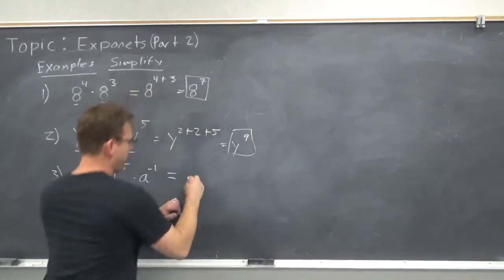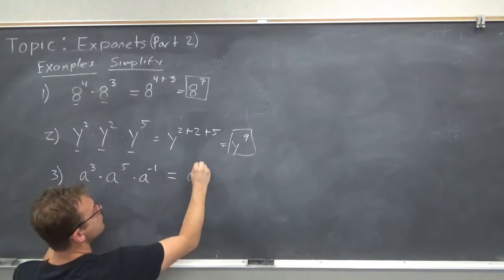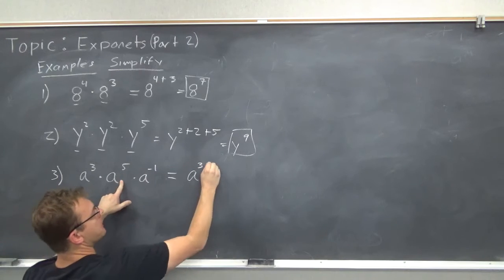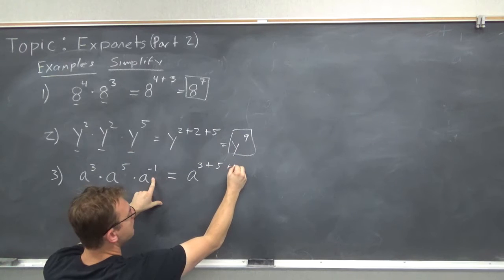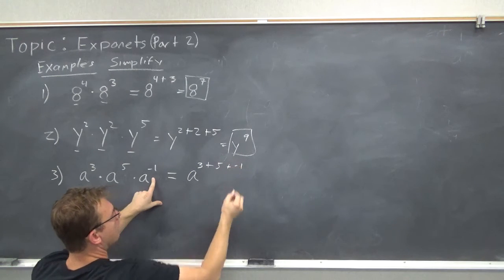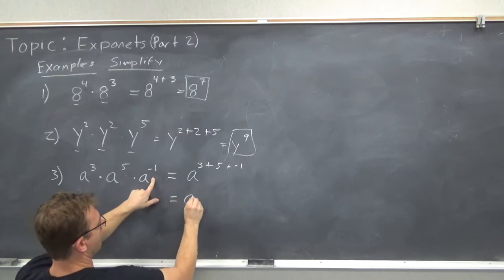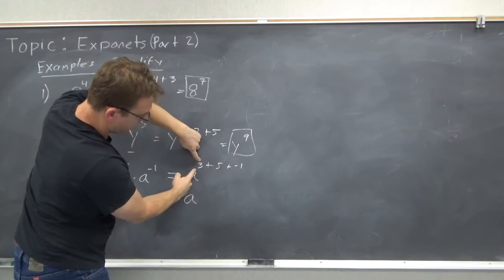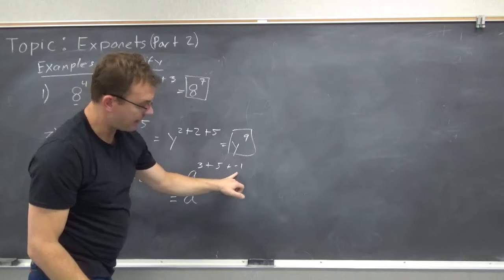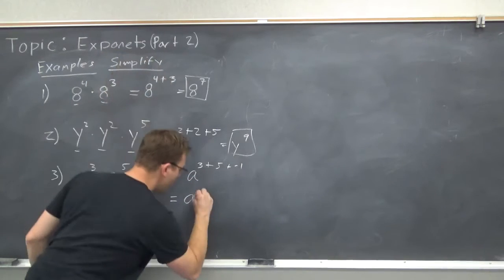So this is going to be a to the third plus 5, plus minus 1. So a, 5 plus 3 is 8. Minus 1, 7, right?